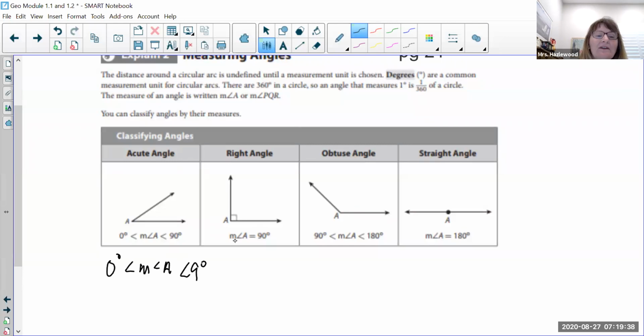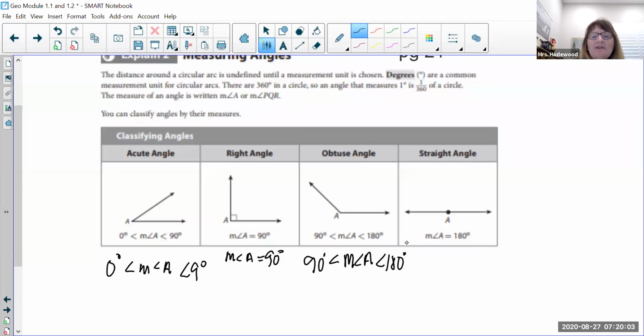The right angle here, you can see that the measure of angle A on a right angle is always equal to 90 degrees. An obtuse angle, the measure of the angle, and again, it's an inequality, is greater than 90 degrees and less than 180 degrees.